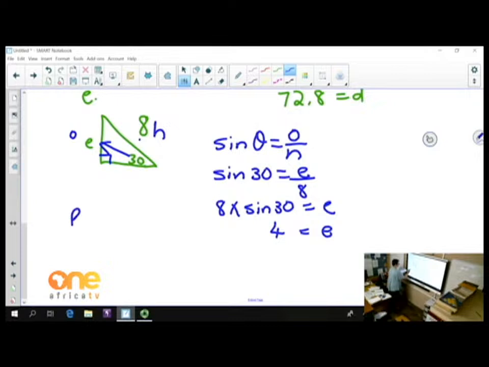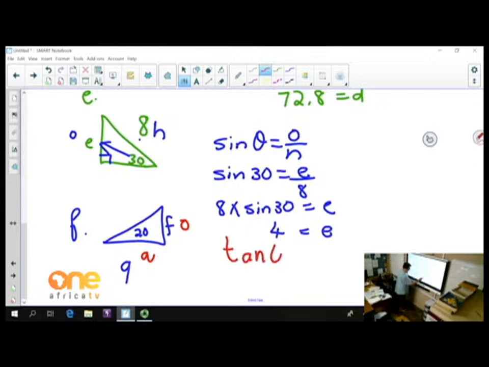And the last one, number F. So this time we have a right angle triangle, 20 degrees, 9. Which function? This one is opposite and adjacent, so I'm going to choose tan theta, which is opposite over adjacent.